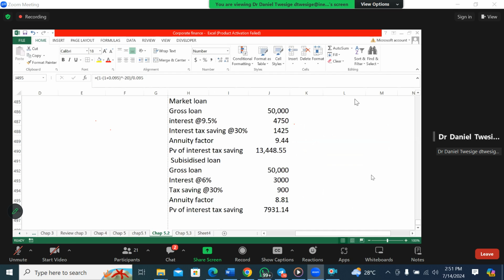The other one we used 20 years because we assume the benefit accrues to 25 years when the loan will be paid. But if they have told us the loan will be paid in 20 years, it means the benefit will stop in 20 years. But you can cross-check. Maybe I interpreted wrongly what the examiner was thinking, but for me, that's how I see it.